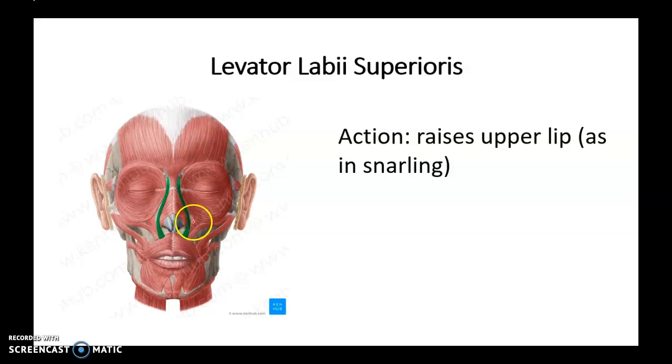I'm doing the red muscle that I'm highlighting. That is levator labii superioris, not the green one, and this helps you to raise the lips as in snarling.